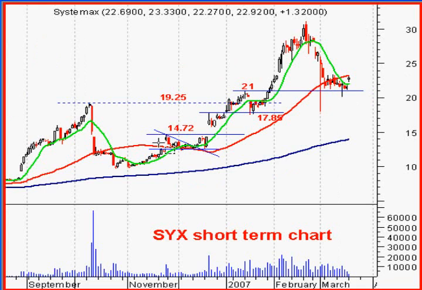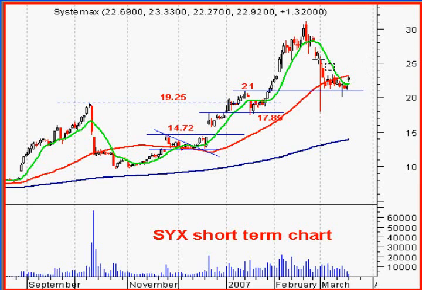Actually, I bought the stock about here and sold it here or so, because I was concerned about the general market. Now I was thinking of buying the stock back, but unfortunately Q4 results were lower than my estimate, but we'll get to that in a moment. Now the stock is below the 50-day moving average.